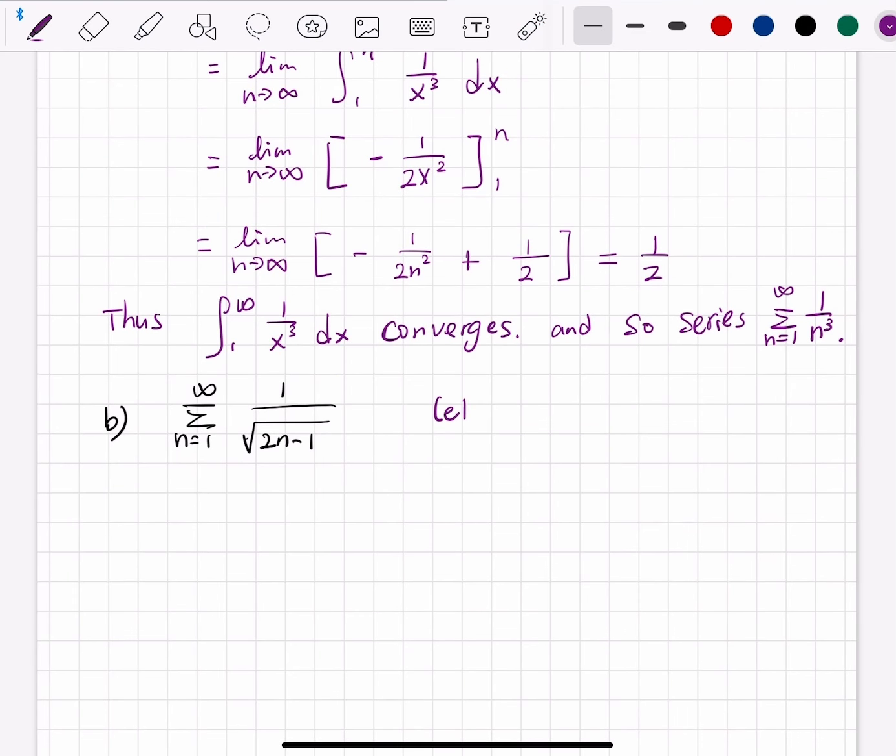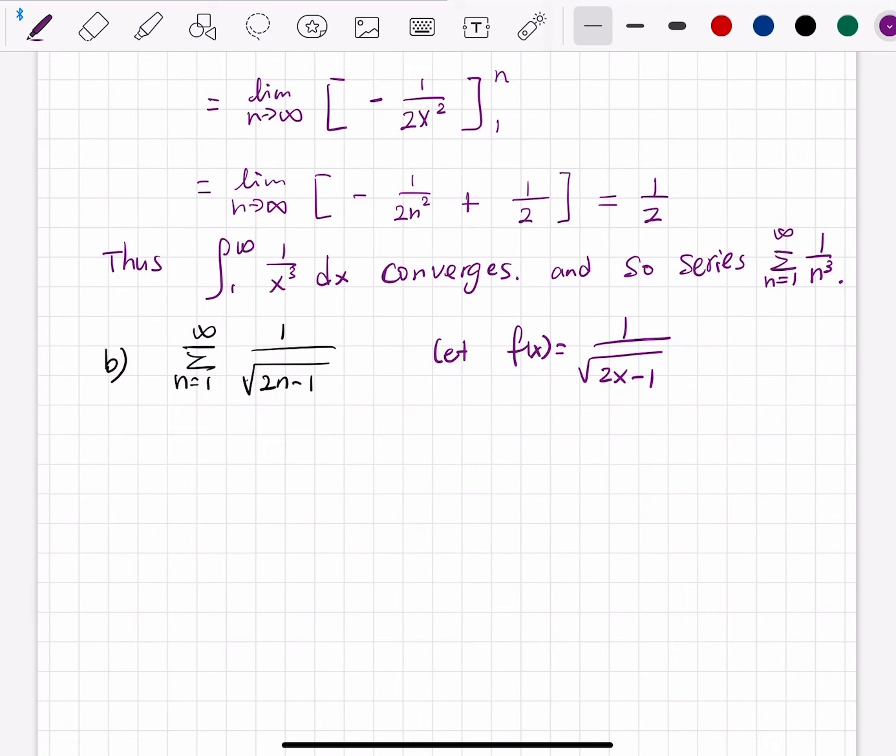So we're going to let f of x equal 1 over square root of 2x minus 1, and we're going to look at the integral from 1 to infinity of 1 over square root of 2x minus 1 dx.